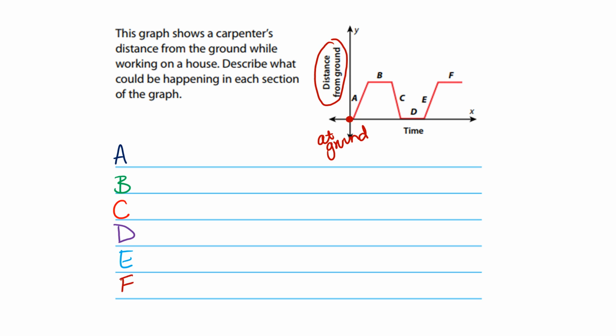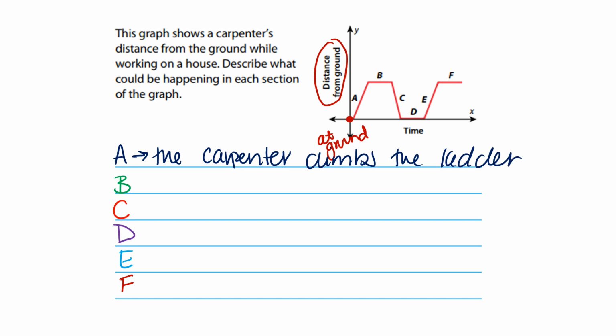So in letter A, you can tell the line is going up, so he's going off the ground. So we're going to say that he's climbing a ladder. The carpenter, that's somebody that works on a house. Climbs the ladder. We can see in section B that the line is straight, meaning he's staying up high.